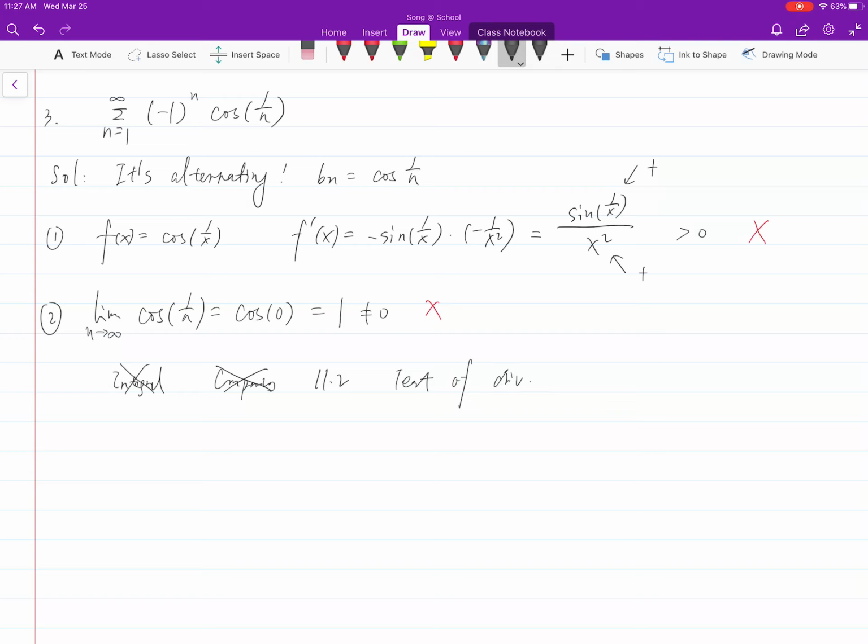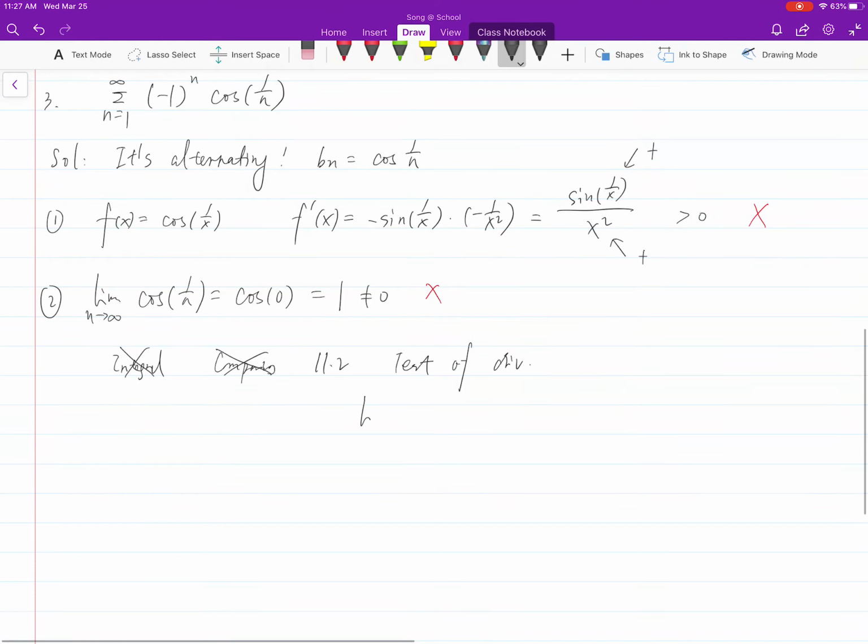What it says is, if you take a sequence or series, you try to look at the last term. If it's 0, nothing you can say, but if it's not 0, automatically you can say it's divergent, because basically you're just adding something which is not 0 forever. It's going to be divergent. Now let's look at what happens when n goes to infinity for this term here.